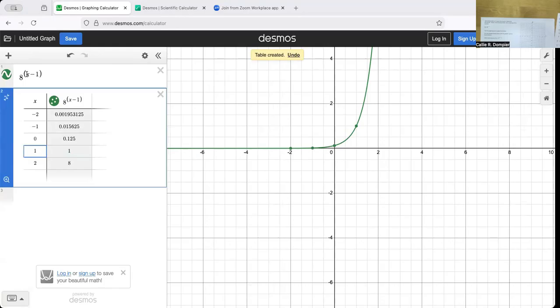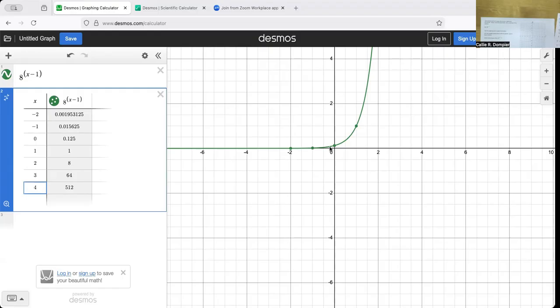When you put 1 in, 1 minus 1 is 0. 8 to the power of 0 is 1. 2 minus 1 is just 8 to the power of 1, which is 8. 3 would be 64. 4 would be 8 to the power of 3, right?